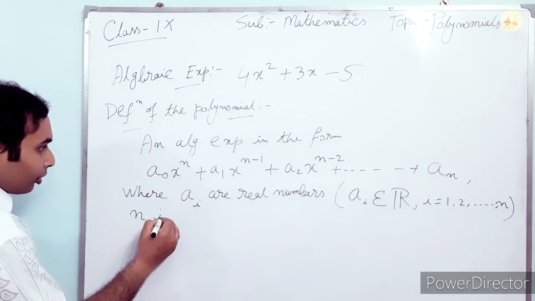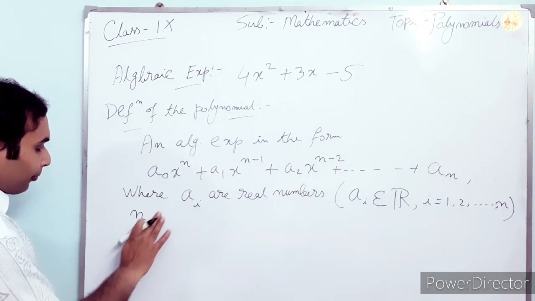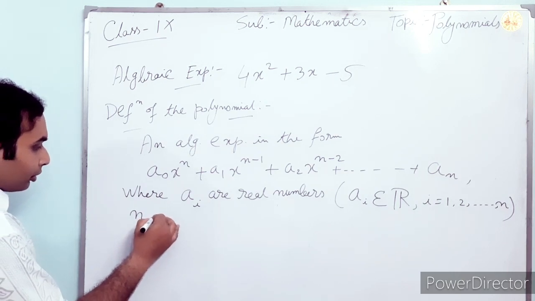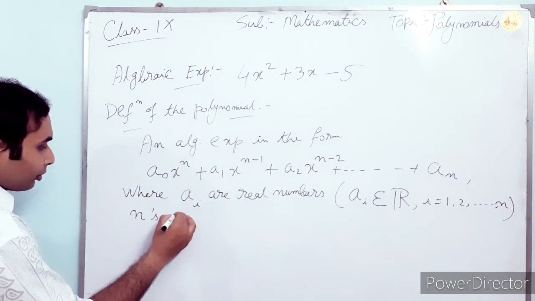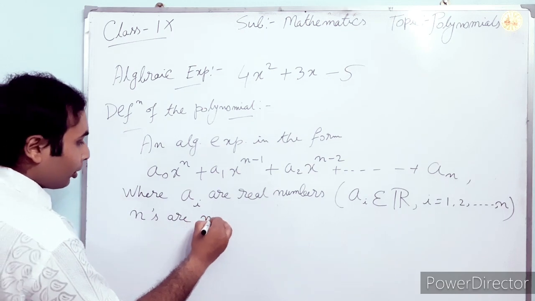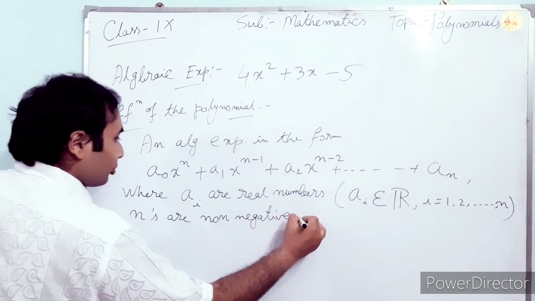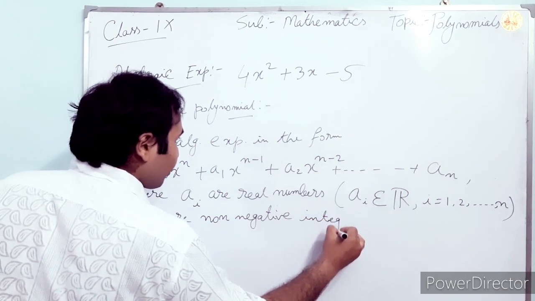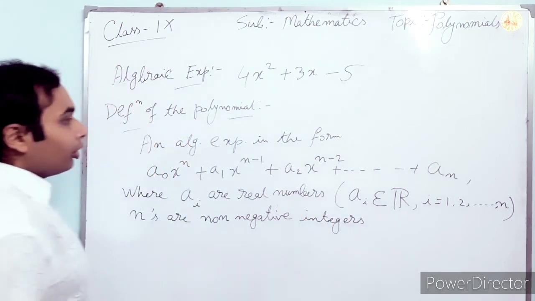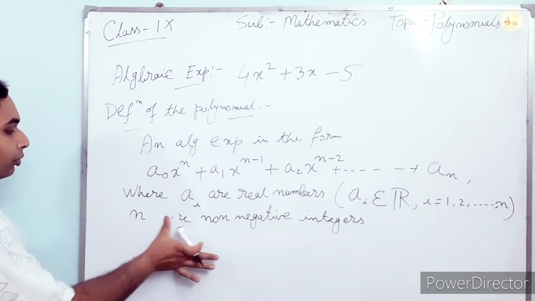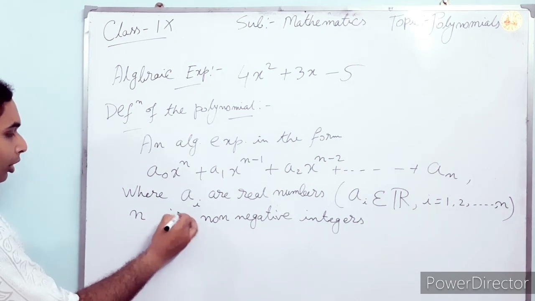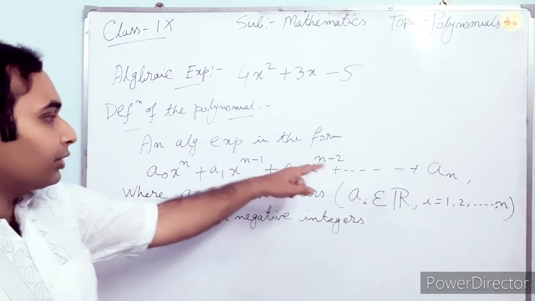Those n's are non-negative integers. Non-negative integers, n is non-negative integers because n is fixed here.